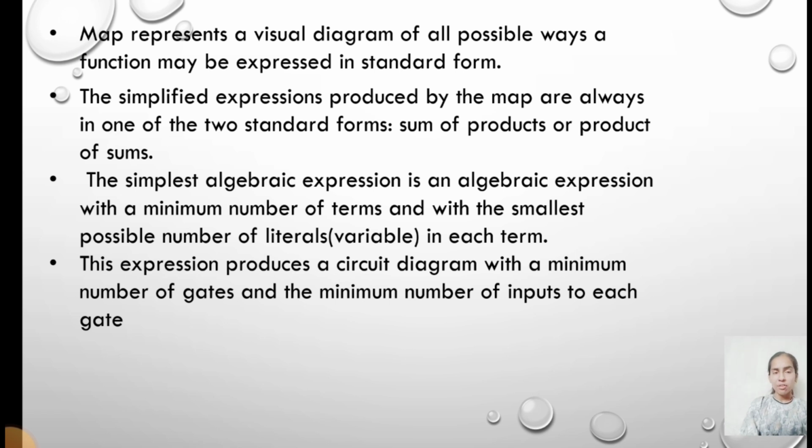Maps represent a visual diagram of all possible ways a function may be expressed in standard form. The simplified expressions produced by the map are always in one of the two standard forms: sum of products or product of sums.